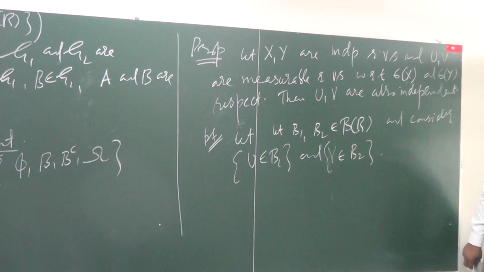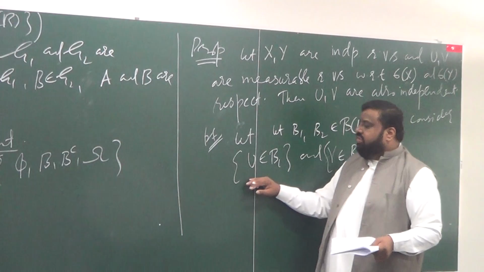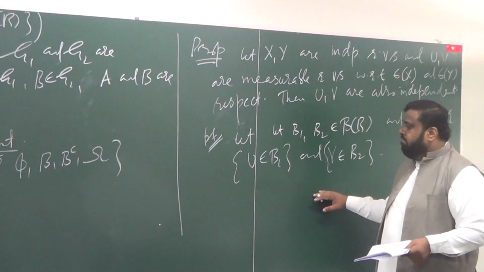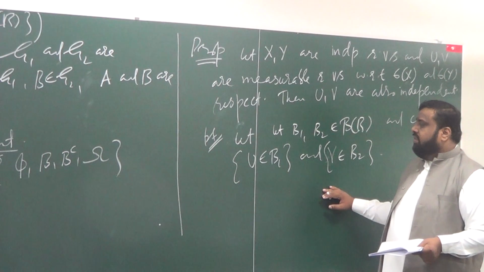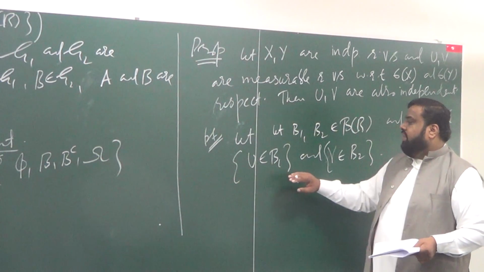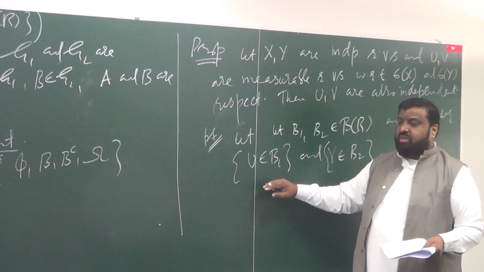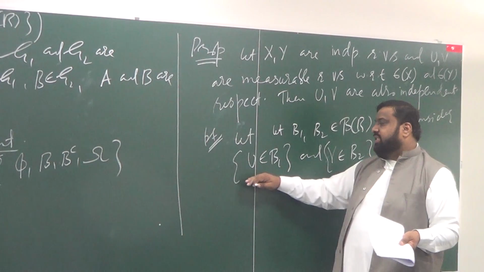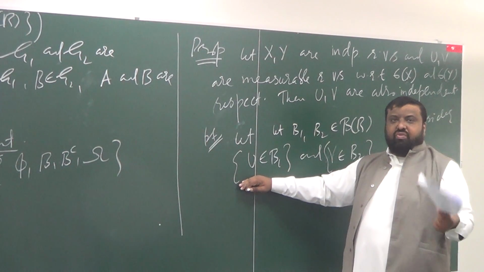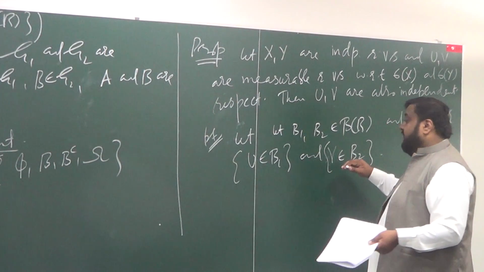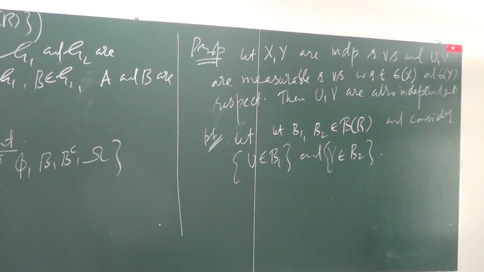This is the notation we are going to use for the inverse image. I'm not going to write u inverse of B1. Basically, this means it's a collection of omegas for which u of omega is in B1, and a collection of omegas for which v of omega is in B2. Okay?